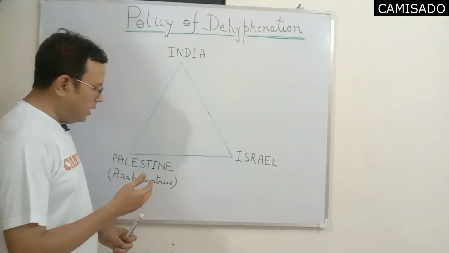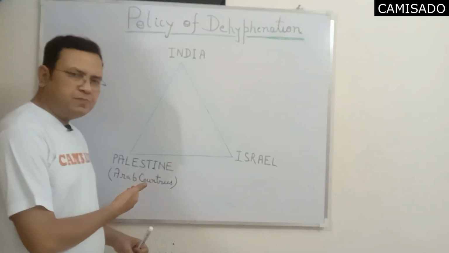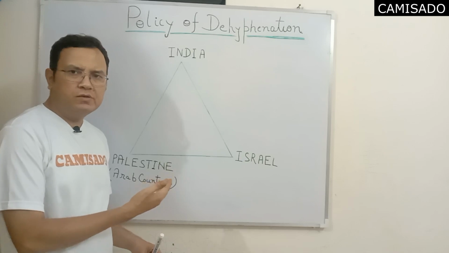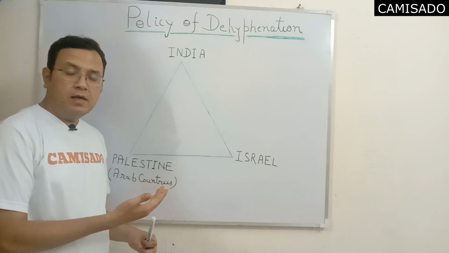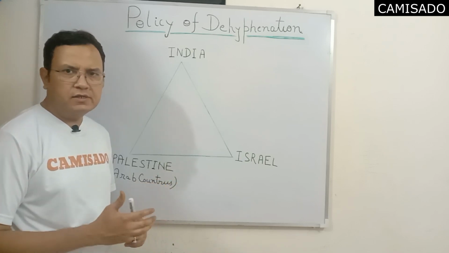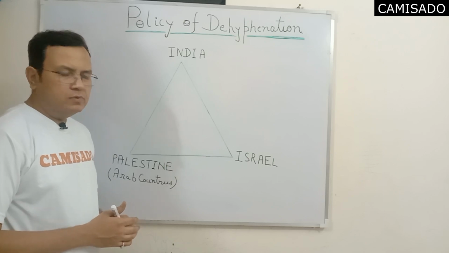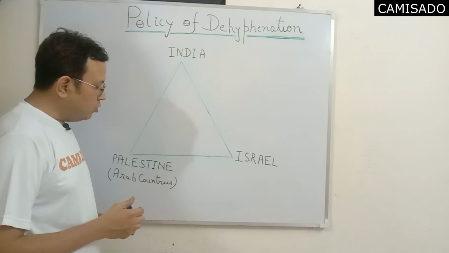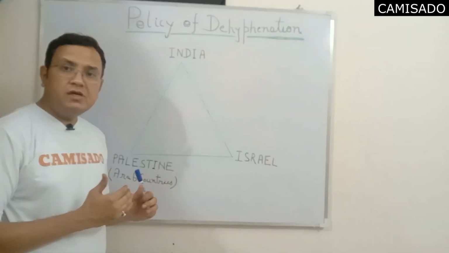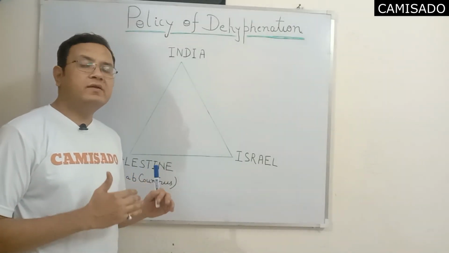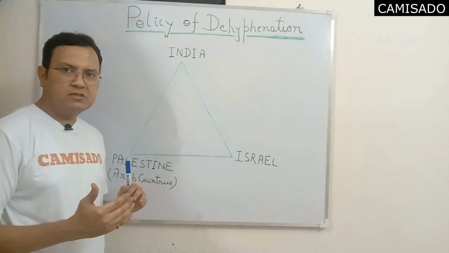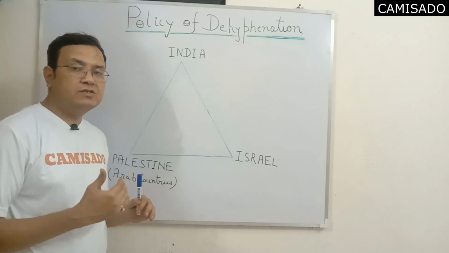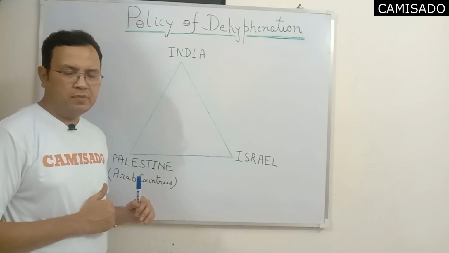See, both these countries, Arab countries especially, and Israel, have been very important or critical so far as India's national interest is concerned. Why am I taking Arab countries here? Because the scope or depth of the India-Palestine relationship has always been a very important factor so far as our relations with Arab countries are concerned.